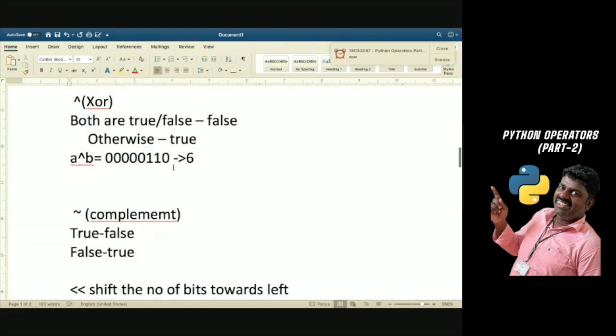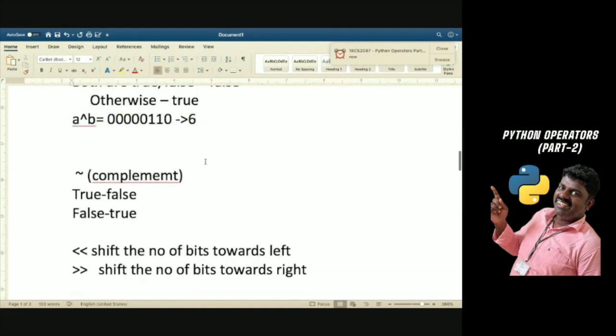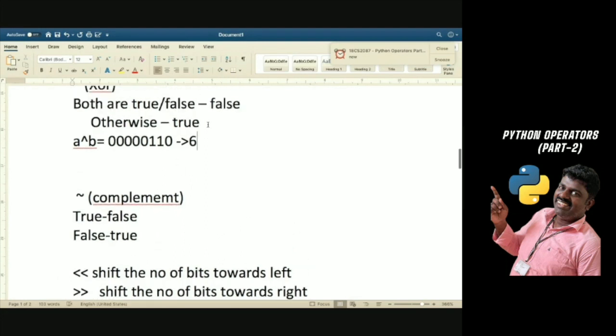This is 1 into 2 power 0, 0 into 2 power 0, and 1 into 2 power 1, and 1 into 2 power 2. So 2 plus 4, that is 6. That is how you can convert the binary to the decimal value. Got it? So 6.